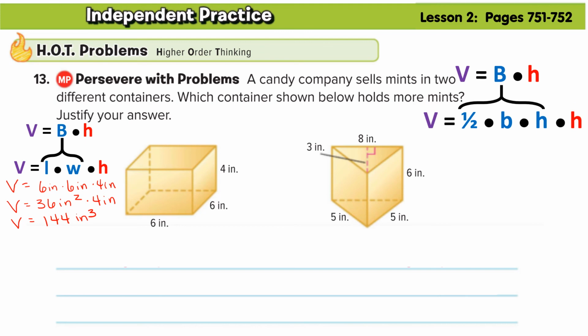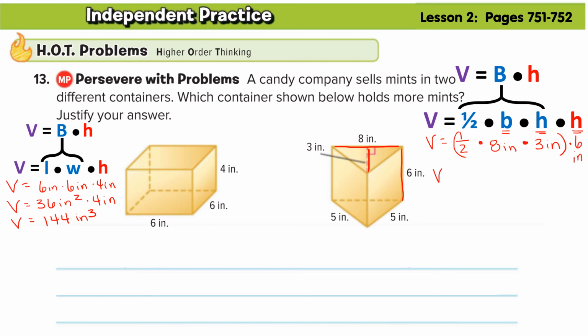So we have volume equals 1/2 times the base of the triangle, which is 8 inches, right here, times the height of the triangle, which is right here, times the height of the prism, I keep getting those words mixed up, sorry everybody, 6 inches.